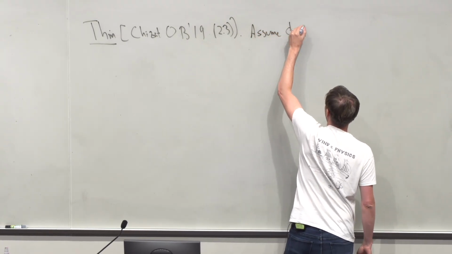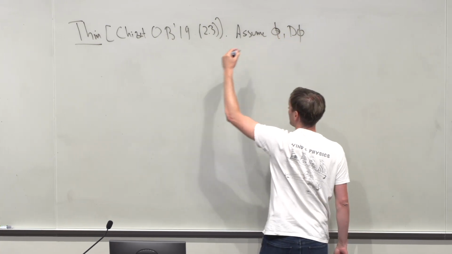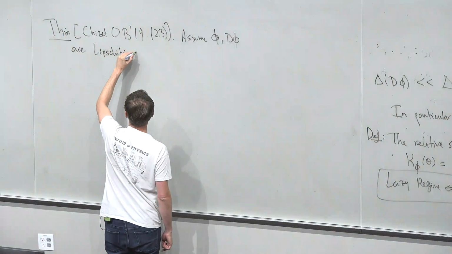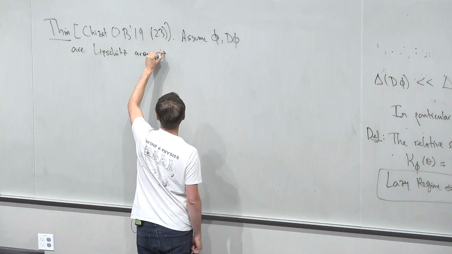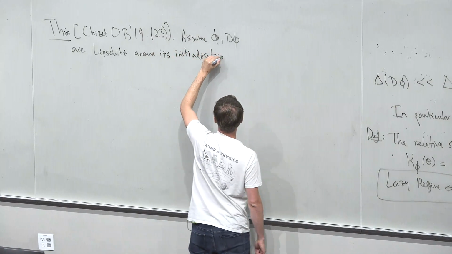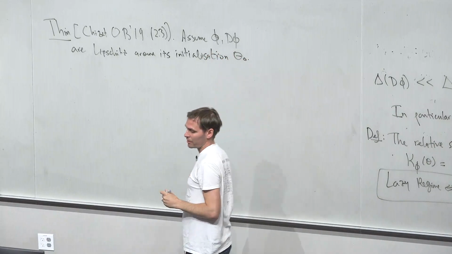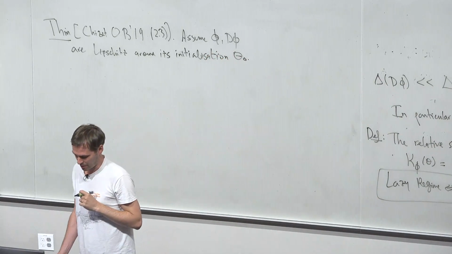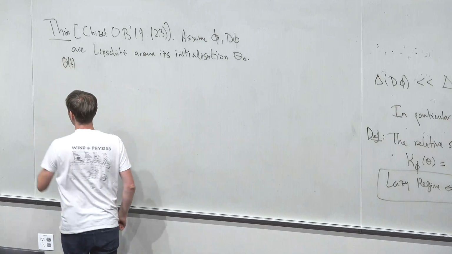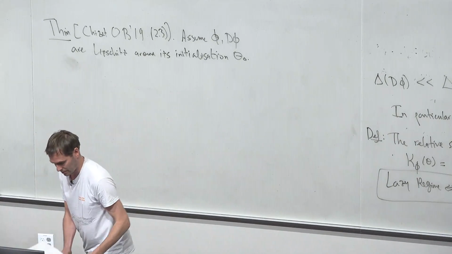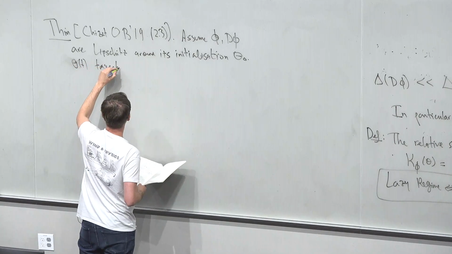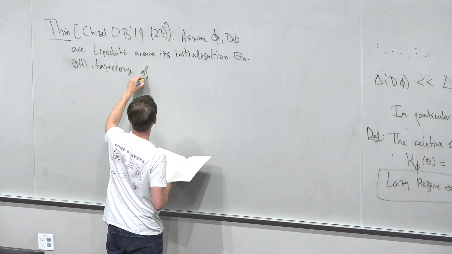assume phi and d phi, the model and its Jacobian, are Lipschitz around its initialization theta 0. So I consider this nonlinear model, and I consider how it behaves at initialization. We define theta of t as the trajectory of the nonlinear model.